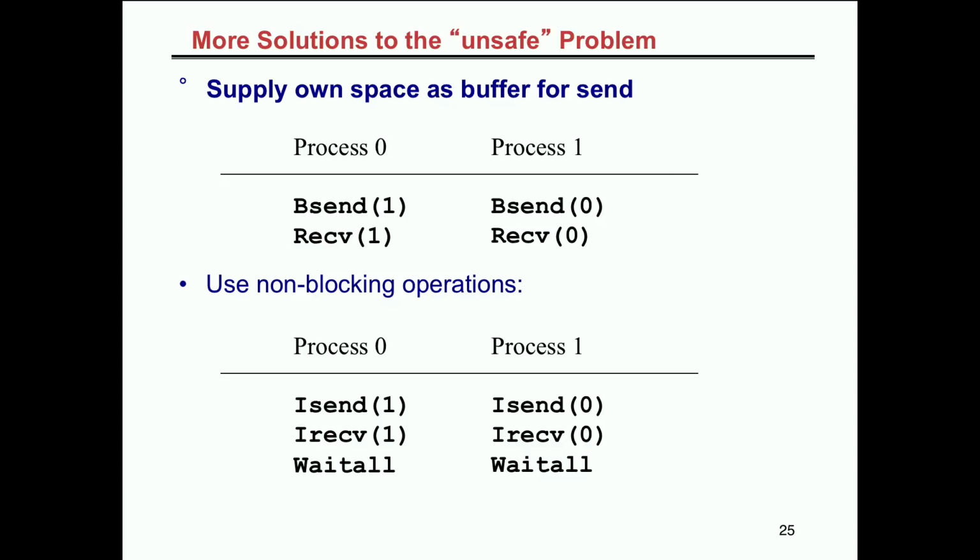After bsend returns, you can reuse that user space variable because it'll be copied to the buffer when you call it. In iSend, iReceive, there is no buffer, and there might not be. So you cannot touch the memory location until the wait or waitall returns. So there's potentially garbage there until you synchronize.